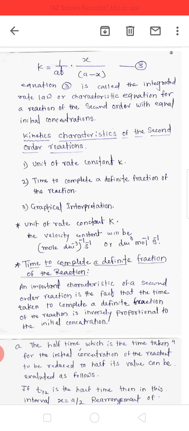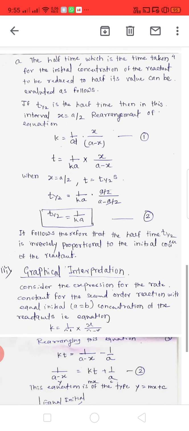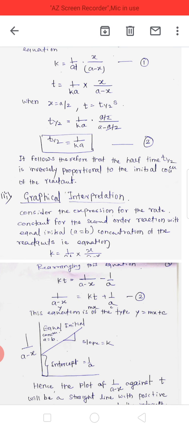The half time is the time taken for the initial concentration of the reactant to be reduced to half. Its value can be evaluated as follows. If t1/2 is the half time, then in this interval x is equal to a by 2. Rearranging, k equals 1 upon at into x upon a minus x, that is equation 1.